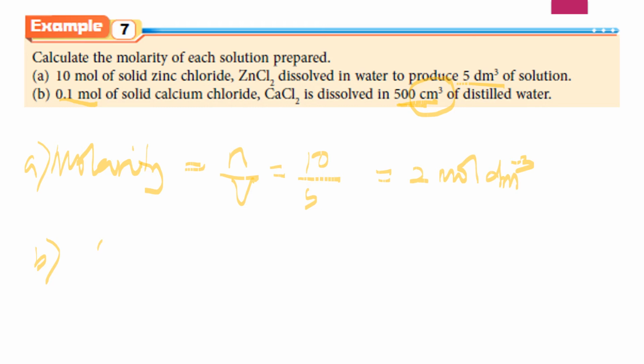So number of mole now is 0.1 and the volume is 500. You have to convert into decimeter cube first. You divide by 1000, so you get 0.5 decimeter cube. So 0.1 over 0.5 is 0.2 mole per decimeter cube.